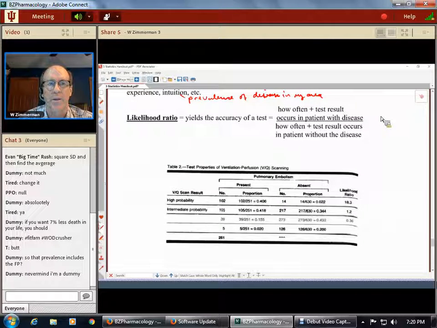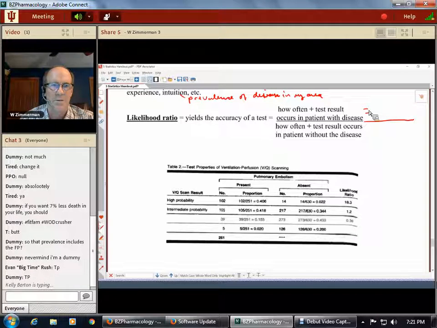We need to talk about the likelihood ratio, and it's the accuracy of a test. What the likelihood ratio looks at is how often a positive test occurs in a patient with the disease. Well, what is that, you guys? How often a positive test result occurs in a patient with the disease? That's true positives, but how often does the test pick up the disease?